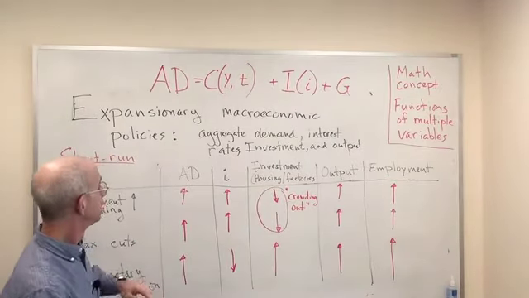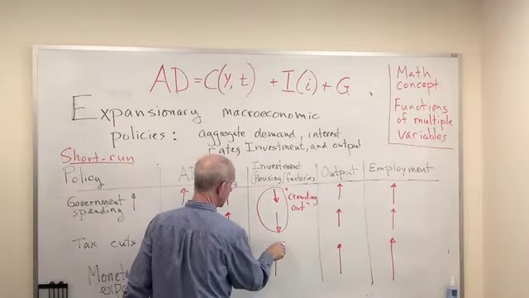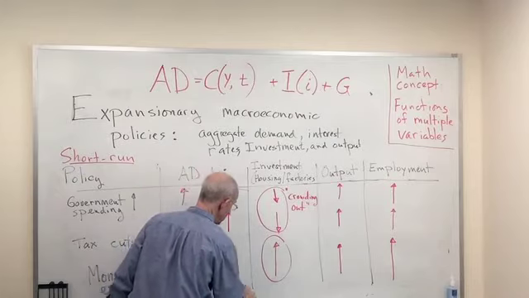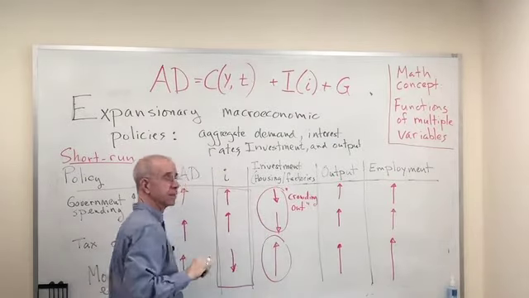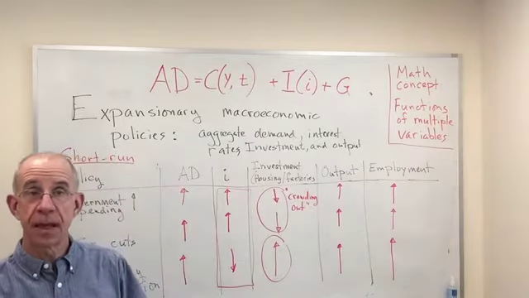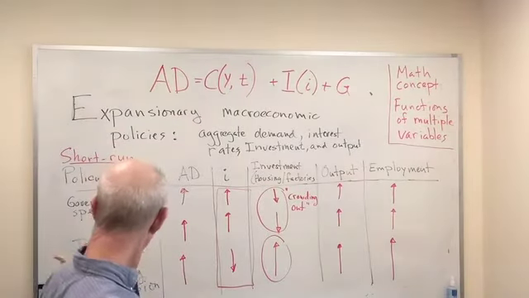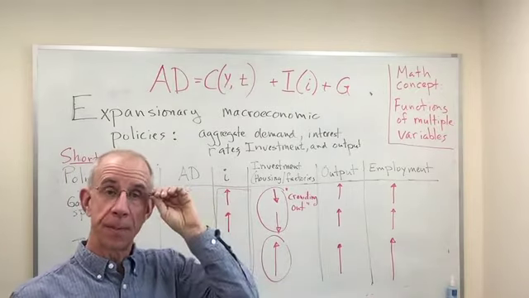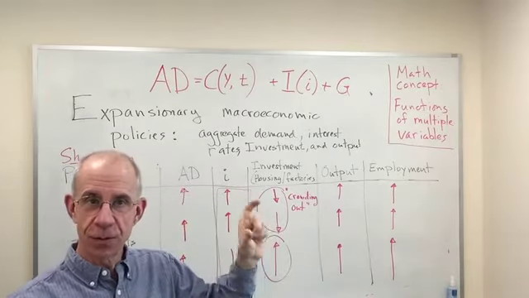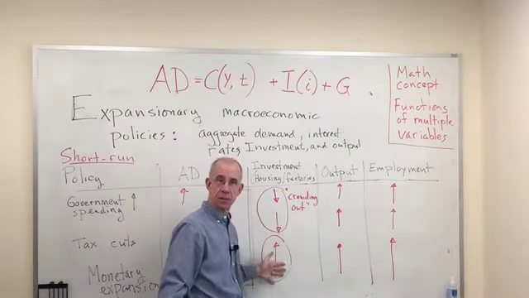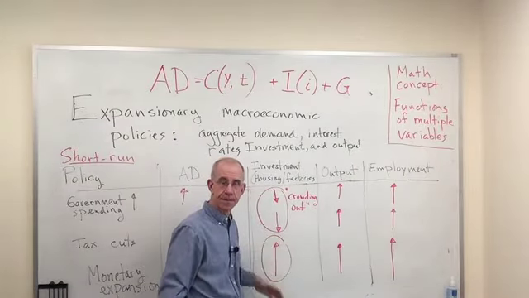So what you see here is that you have primarily different effects on these two parts of this table. Expansionary fiscal policy and expansionary monetary policy have opposite effects on interest rates and different effects on these variables.